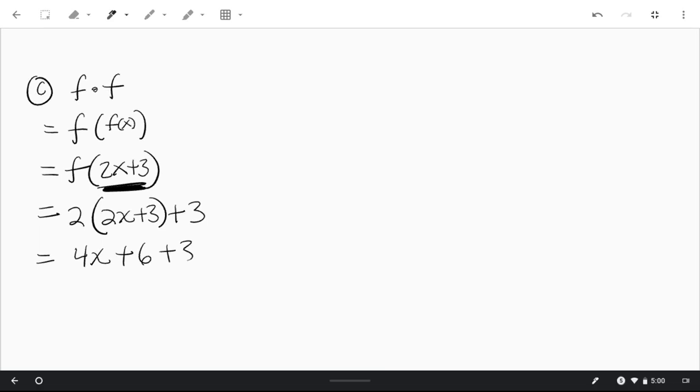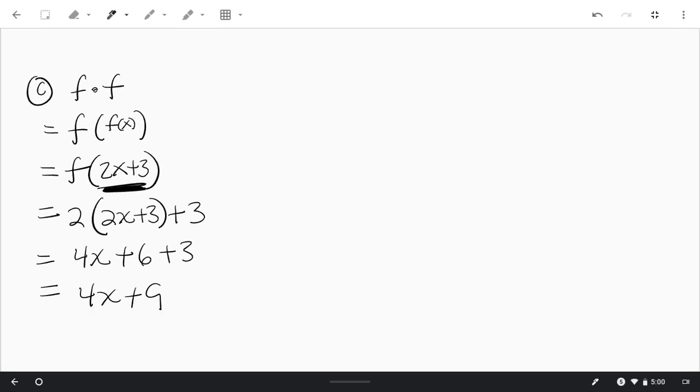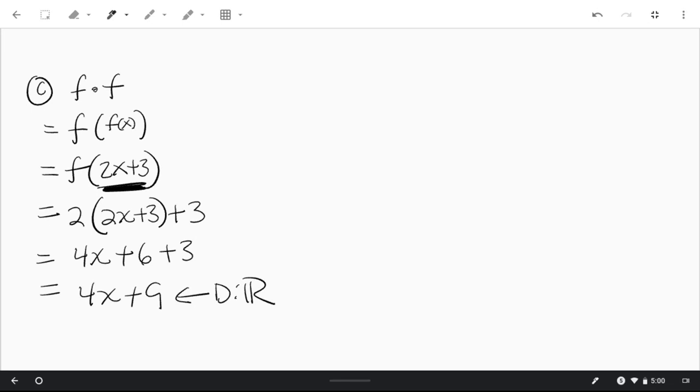Here we see that we don't have any restrictions. We don't have a fraction, we don't have square roots. So here the domain is all real numbers, and right here the domain is all real numbers.